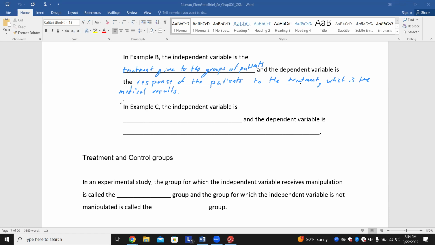In example C, this was talking about the yoga and the plank instruction. The independent variable here is the instruction given. That was what changed. One just said do your best, where the other one said each day try to improve by 15 seconds. So the independent variable here was the instructions given.